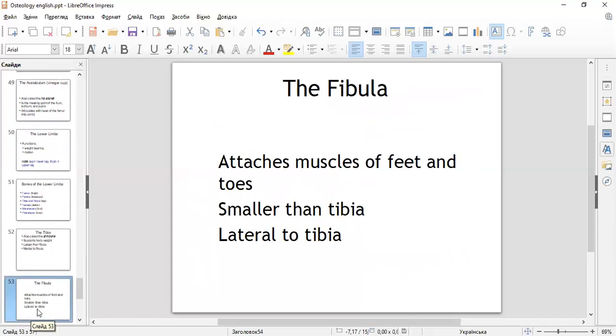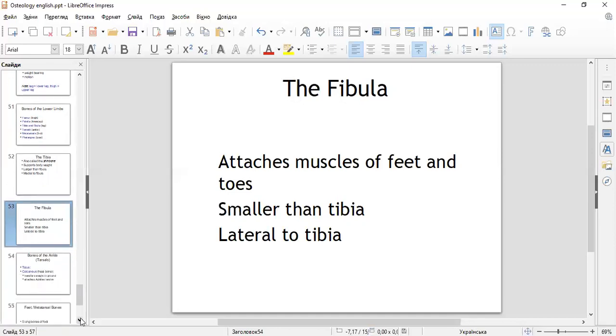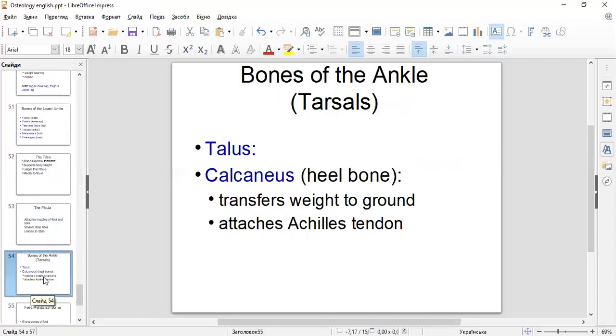The fibula attaches muscles of feet and toes, smaller than the tibia, lateral to the tibia. Bones of the ankle, tarsals: talus, calcaneus, heel bone, transfers weight to the ground, attaches the Achilles tendon.